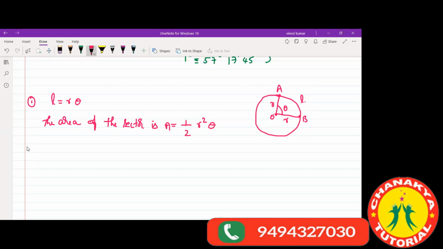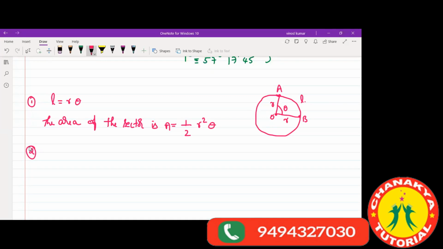Now I'm writing the relation between the British system, French system, and the radian system. British system means degrees. French system is grades. The radian system is radians.